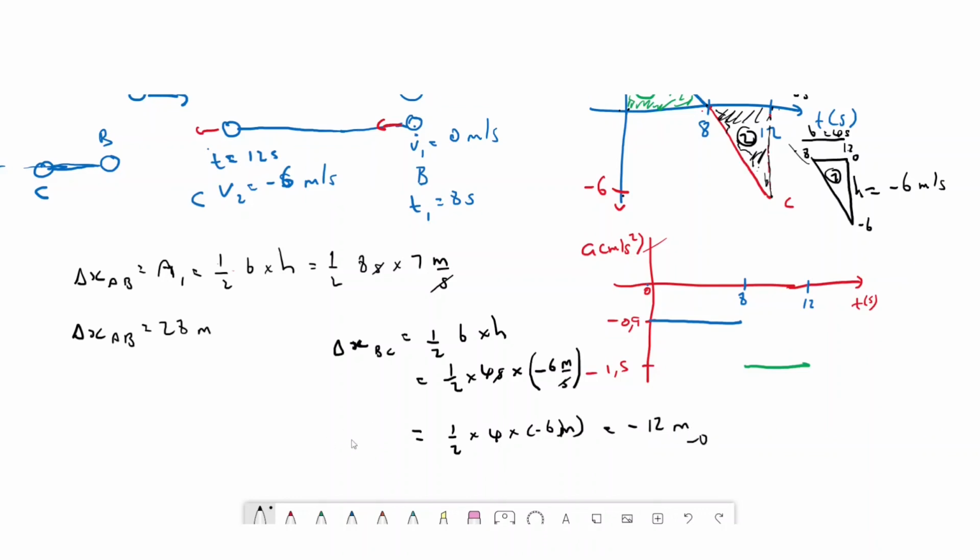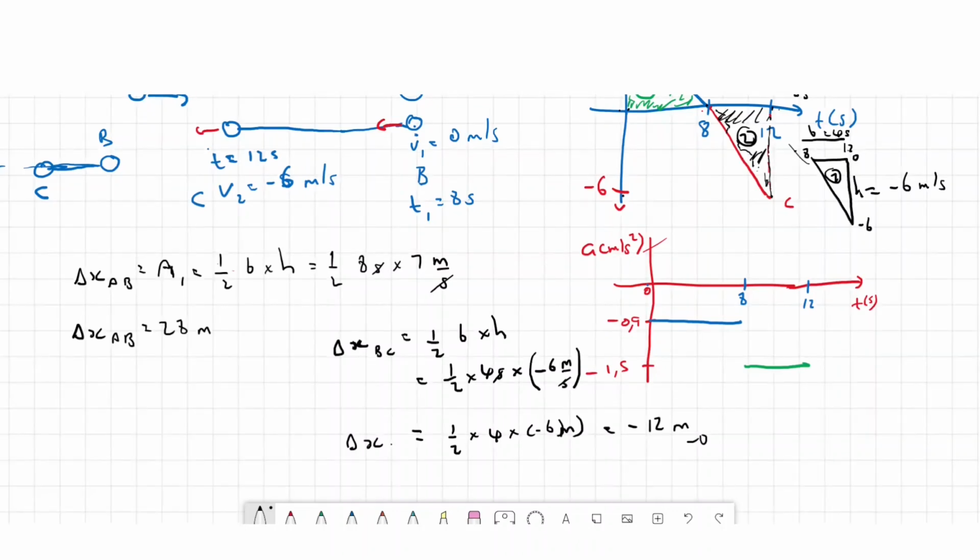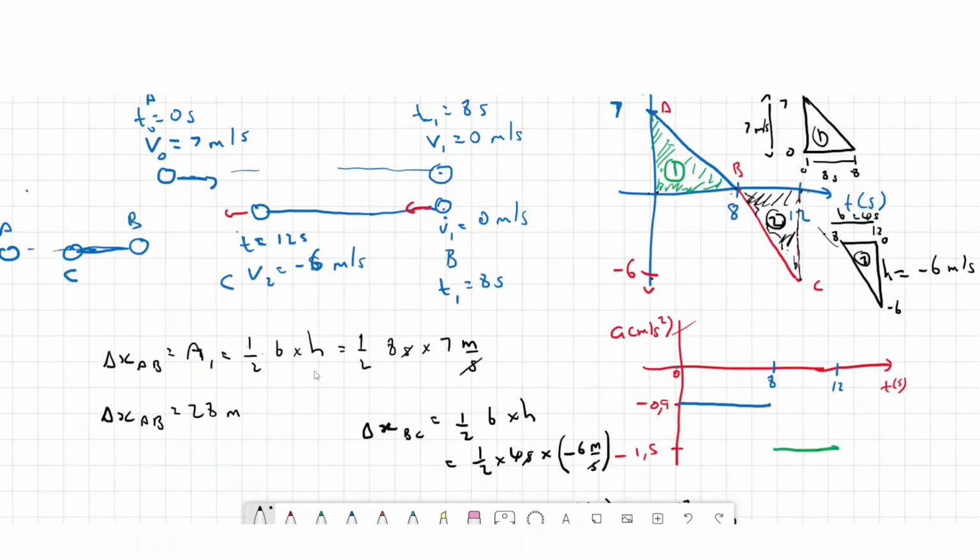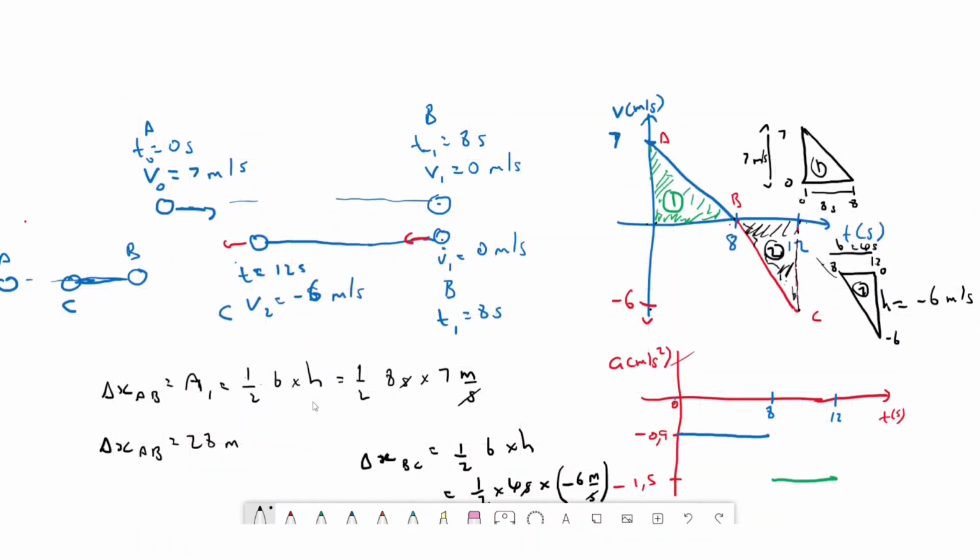You can see here that from B to C, it actually changed position. If we put this into the diagram that we drew up, the displacement from A to B is equal to 28 meters.